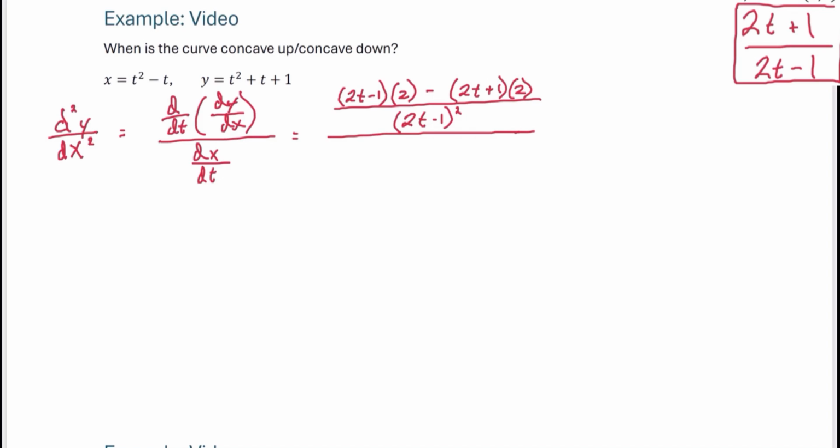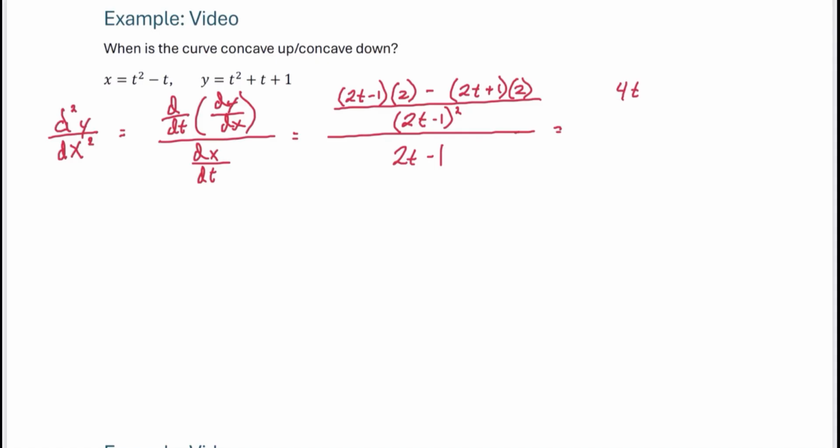And in the denominator of the big fraction, we have dx/dt, so that is 2t minus 1. Simplifying this, we get 4t minus 2 minus 4t minus 2, divided by (2t minus 1) squared, all divided by 2t minus 1.